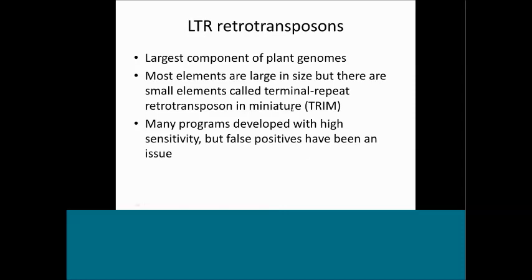They act like MITEs, frequently inserting around the genes. There are many programs developed to identify LTR retrotransposons, and most of them have very high sensitivity. But a common problem is that they have high false positives, which is very problematic.